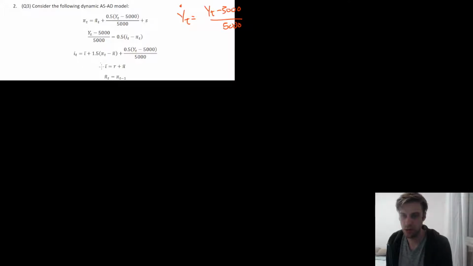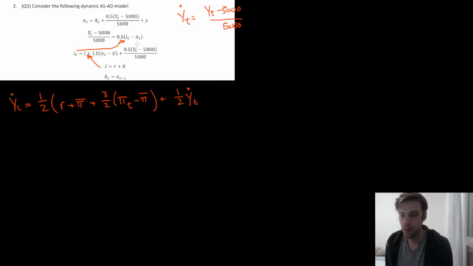So I'm going to substitute this here, and then I'm going to substitute this here, and then I'll get an equation. So I'm going to have that yt dot is equal to 1/2 r plus pi bar, that's the I bar, plus 3/2 pi t minus pi bar plus 1/2 yt dot.